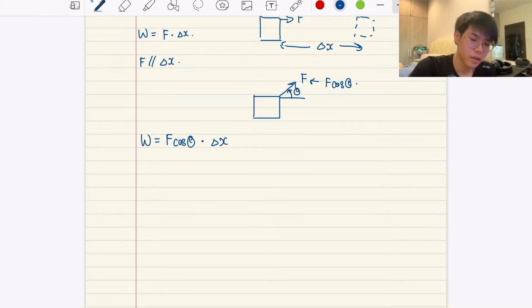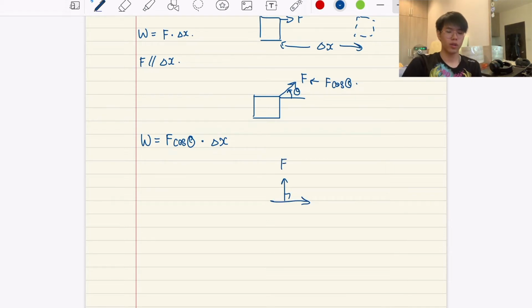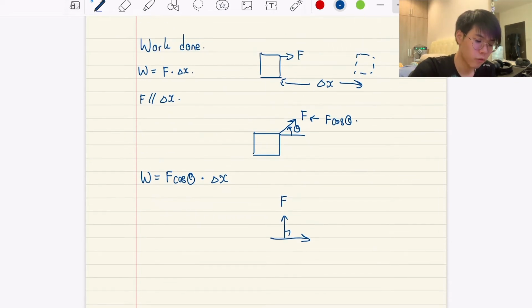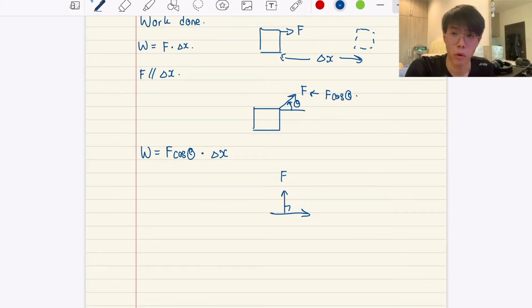or distance. Another important thing is, if I have a force that is perpendicular to the direction of the motion, we say there's no work done, because as I said just now, the force must be parallel to the direction of the motion. So if it's perpendicular, the formula is not valid anymore. If you're wondering where we can see this kind of situation where there's no work done but the object is moving, it is when a waiter or waitress is holding a tray.